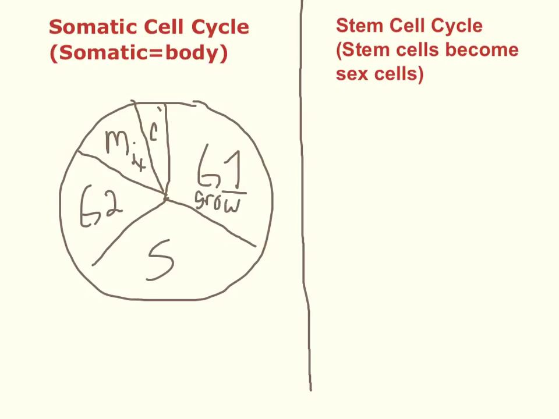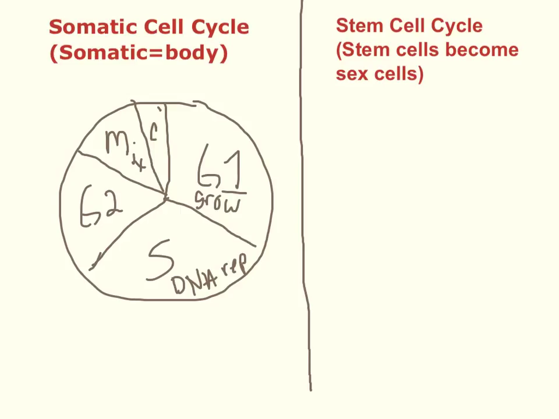The cell does its normal cell things, and then in the S phase is when we have DNA replication. And in G2 we prepare for mitosis, and then by the end of cytokinesis we have 2 cells.